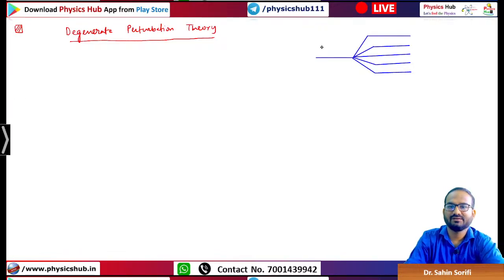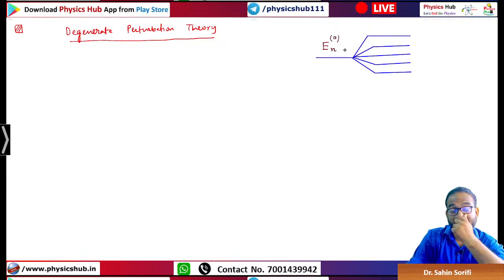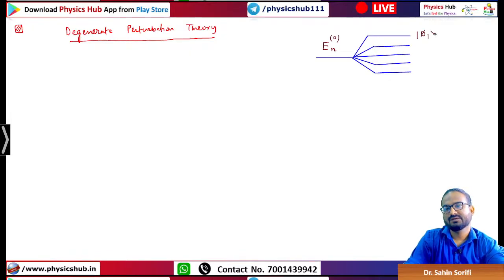Let's say you have an energy level En0, which may have various states corresponding to the same energy, meaning the energy of this level, this level, this level, this level are the same. You can call them phi 1, phi 2 and so on, up to phi f.